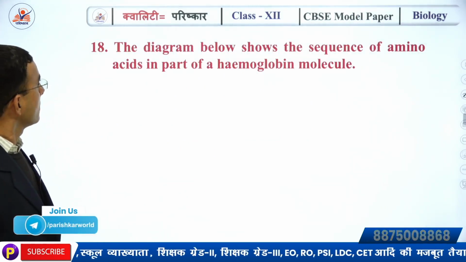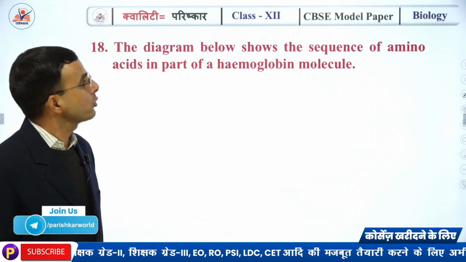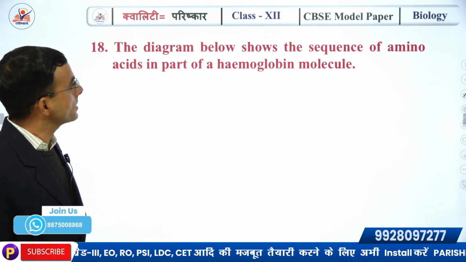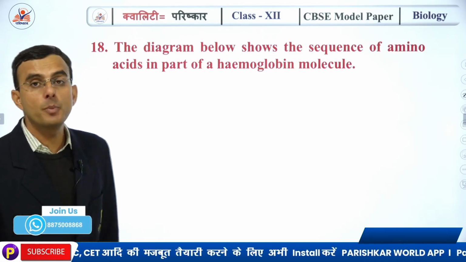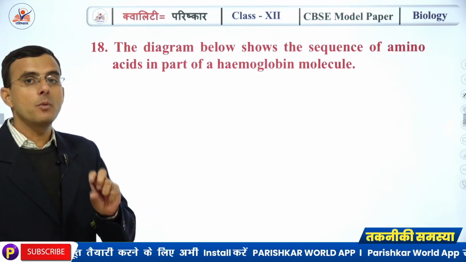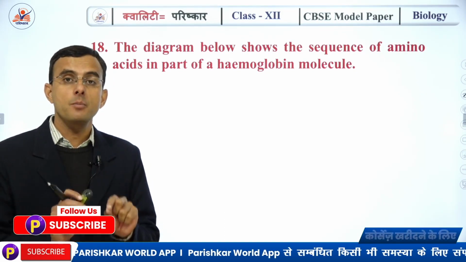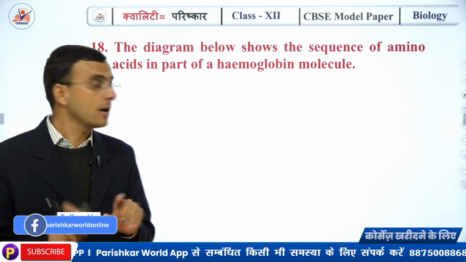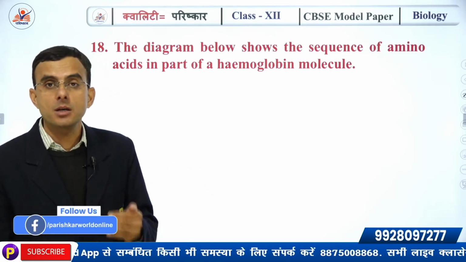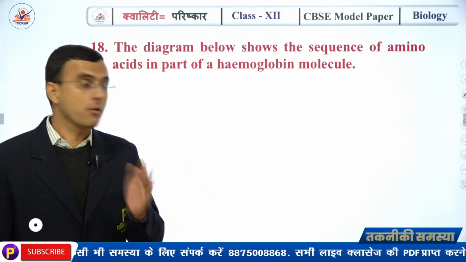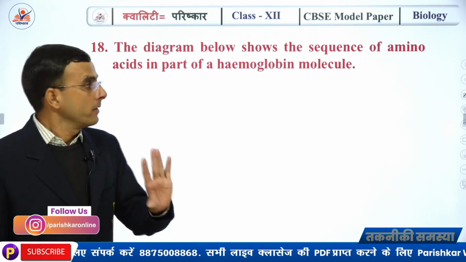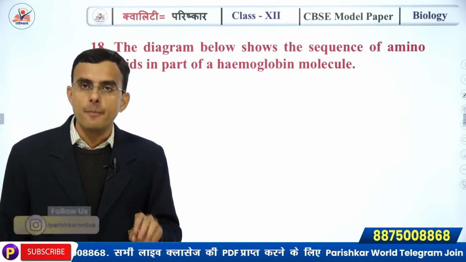Now the next question is: the diagram below shows the sequence of amino acids in part of a hemoglobin molecule. Hemoglobin is present in our blood. It is very useful for carrying and circulating oxygen in our blood. Now look at the central dogma.